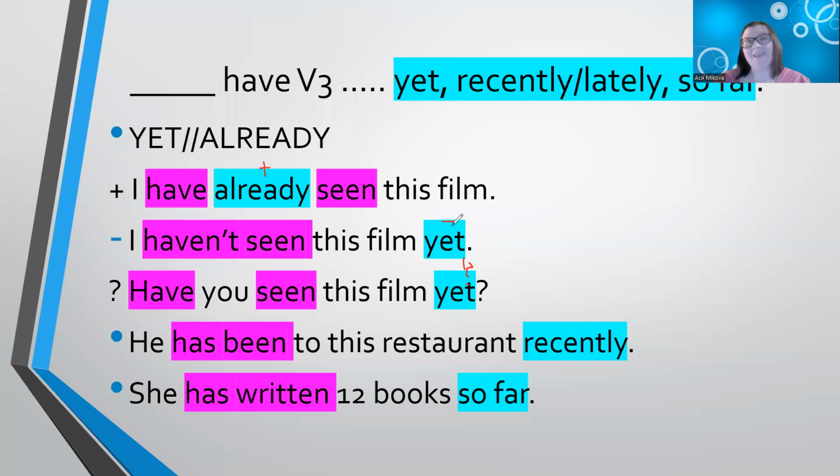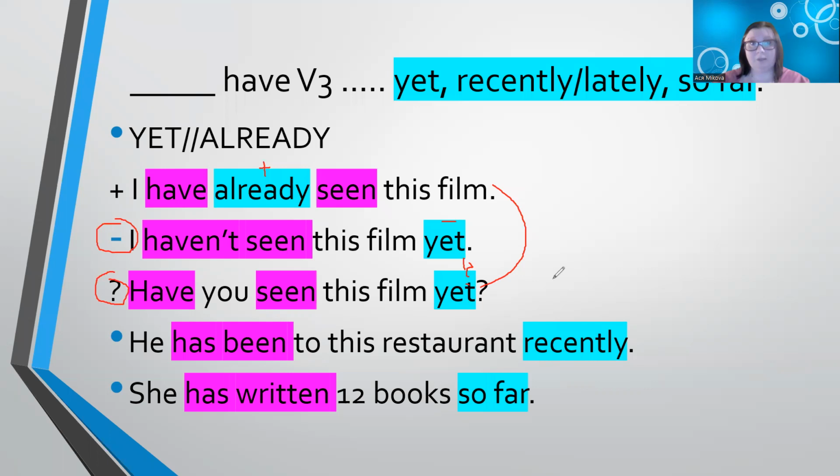So that's why yet in a negative sentence, I haven't seen this film yet. We translate into Russian like еще, but in the question, it will be уже. Have you seen this film yet? In Russian, these two sentences, we translate an adverb in the same way. I have already seen, я уже видел.